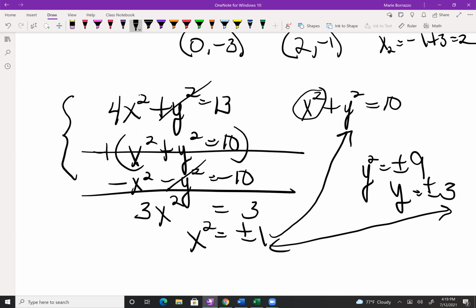I could have, for example, +1, +3, +1, -3, -1, 3, -1, -3. So you have 4 coordinate point possibilities.